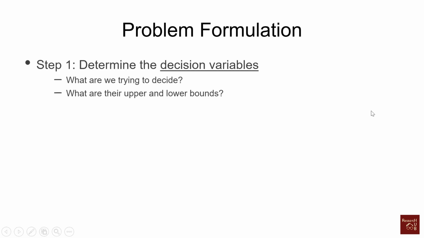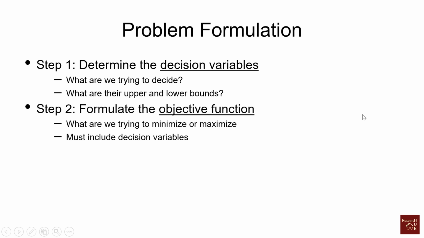In any optimization problem, we have to look into three things. One is to determine the decision variables. That is, what are we trying to decide, or what are our upper or lower bounds. Second is to formulate our objective function. So what are we trying to minimize or maximize?